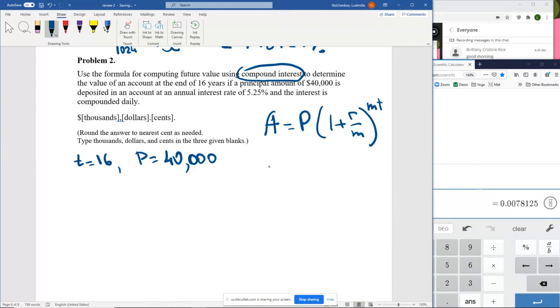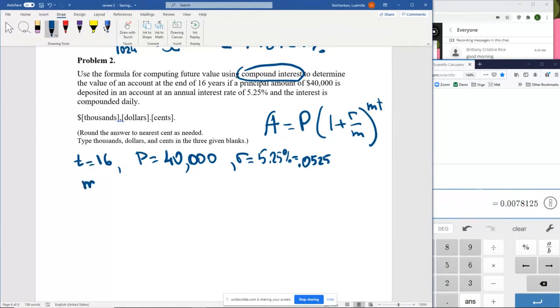Deposit in the account with interest rate 5.25%. We need it in decimal form, so 0.0525, and compounded daily. Daily, so every day. How many days a year do we have?